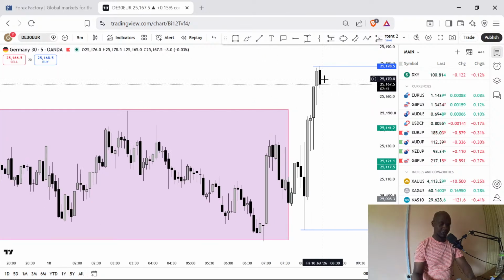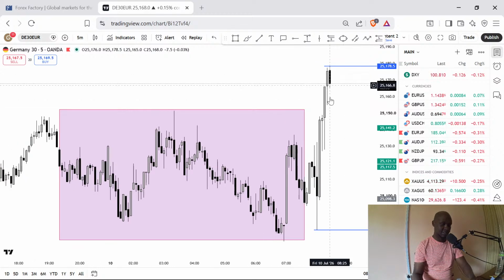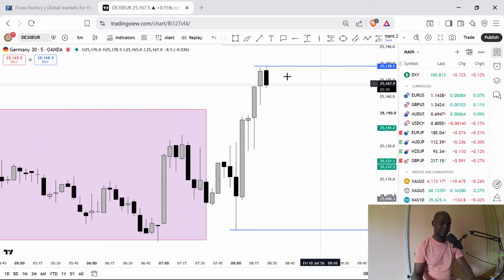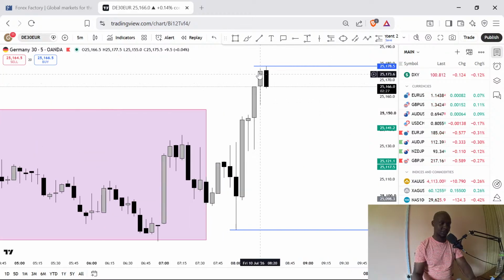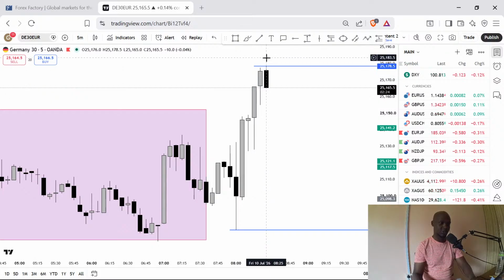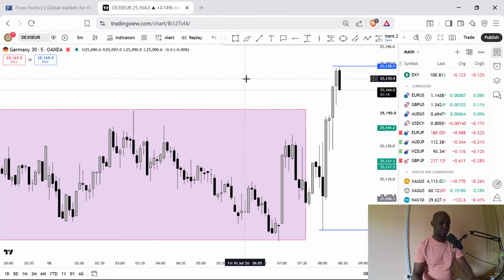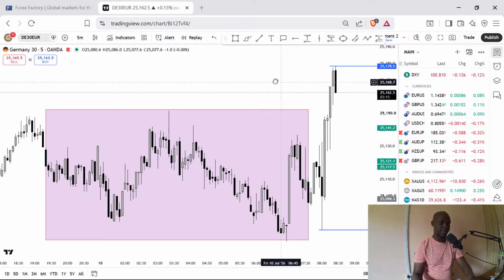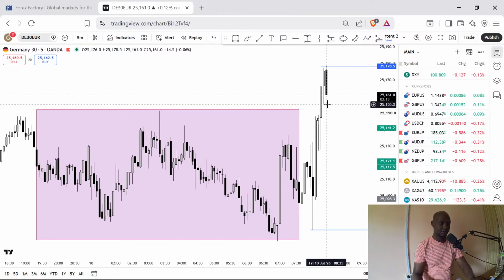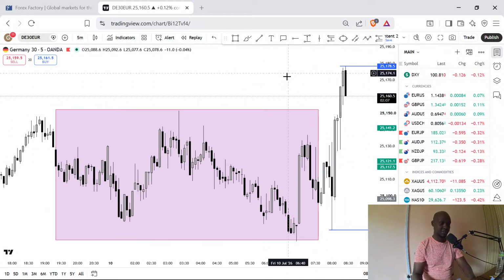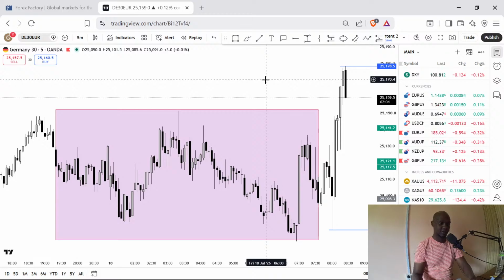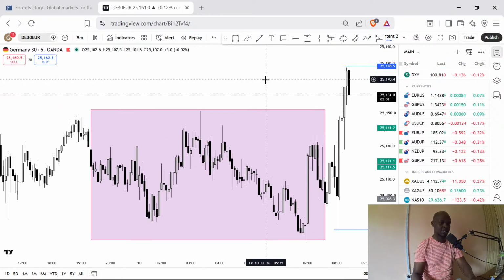We have not started getting the pullback, because this candle, although it's bearish right now, is still continuation of this impulsive push to the upside, because you can see that this candle broke the high of this candle. So it is continuation of momentum. I'm waiting to see if we can get a pullback so I can get entries. This very strong bearish candle in this impulsive push to the upside is not ideal. So let's wait and see how it's going to close.